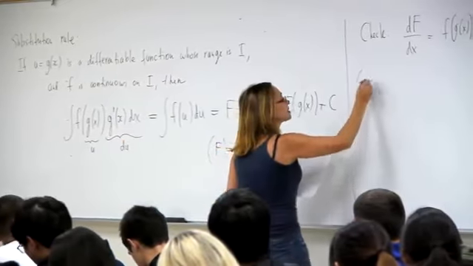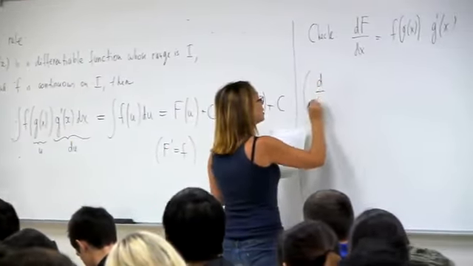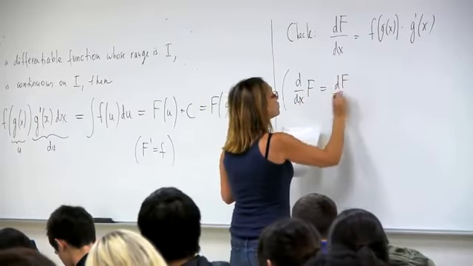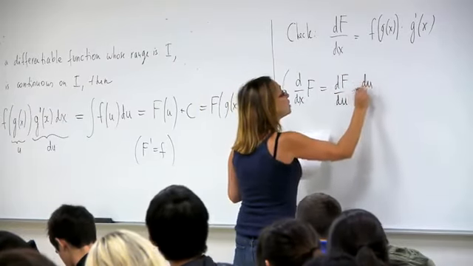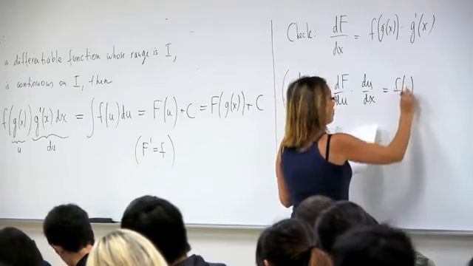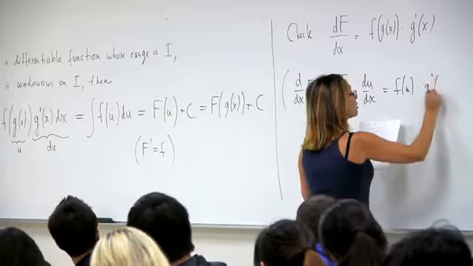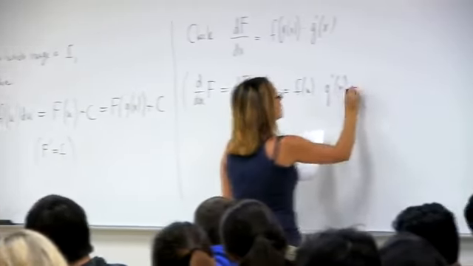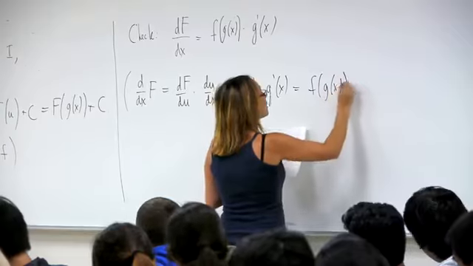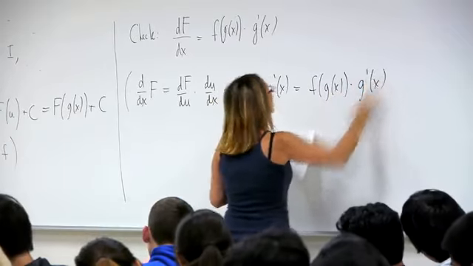So in brackets, let me write it down more. This is df/du times du/dx, right? This is f of u times g prime of x, and this is f of g of x times g prime of x.